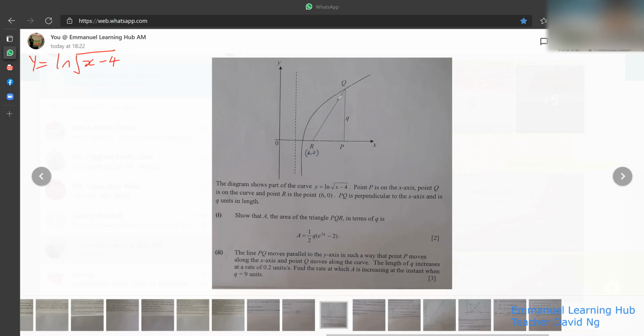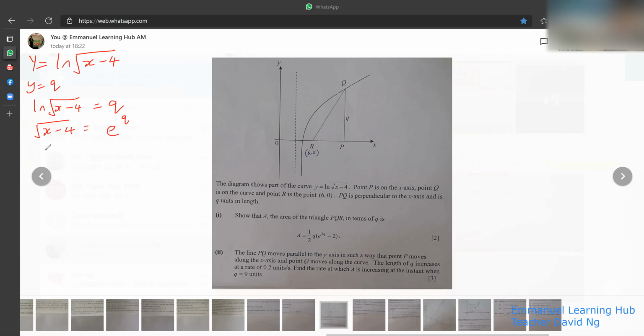Correct? So I have to substitute y is equal to q. Therefore, ln square root x minus 4 is equal to q. So square root x minus 4 is equal to e to the power of q.